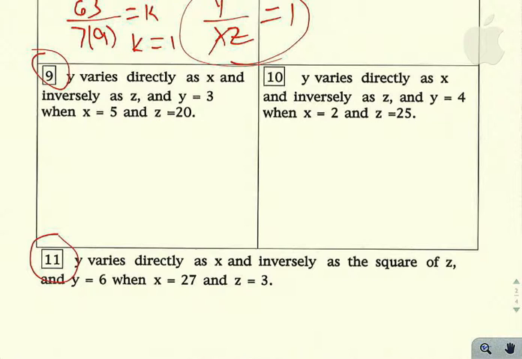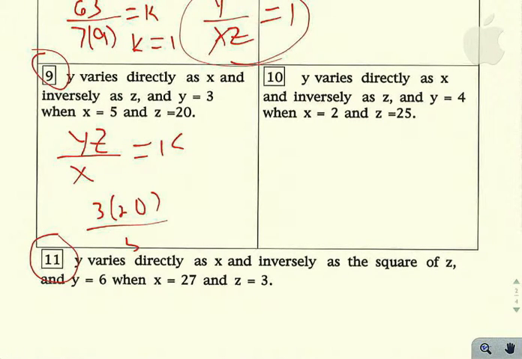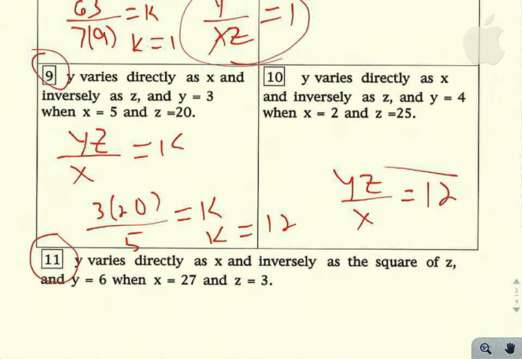Number 9, y varies directly as x and inversely as z. And that's going to equal k. So now plug in, you'd have 3 times 20 over 5, which is k, and k then would be equal to 12. So yz over x is 12.